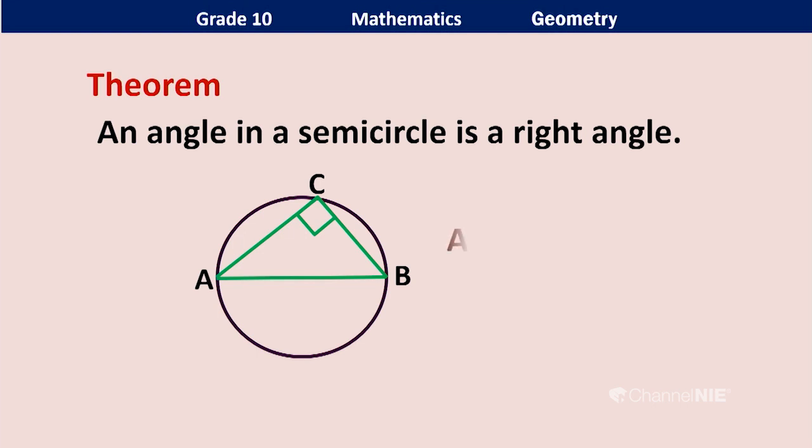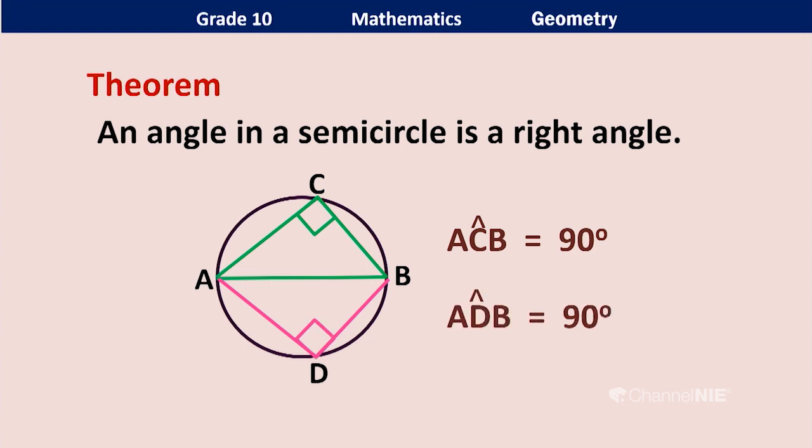So, I can mention another angle. When I consider the angle ADB, that is also an angle in a semicircle. Therefore, the magnitude of ADB angle is also equal to 90 degrees.